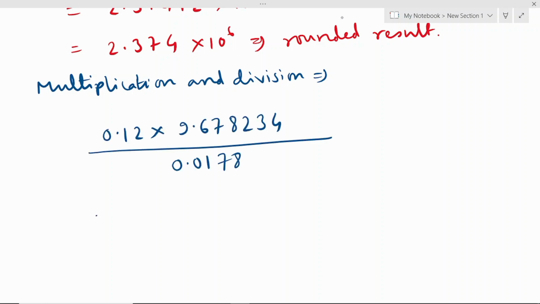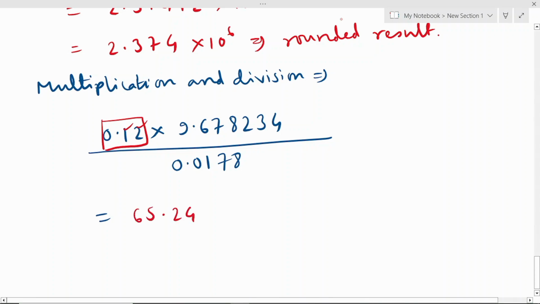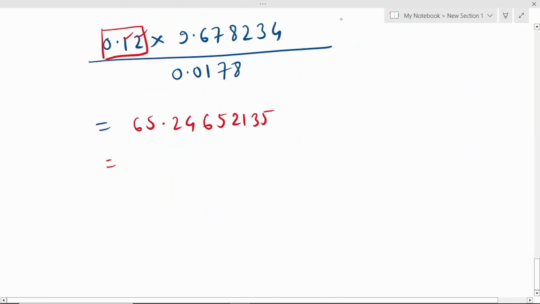The rule of thumb says the final result would contain the smallest number of significant digits. So here the smallest number of significant digits is 2. So if we get the result, then we have to round it off into 2 significant figures, that is 65.